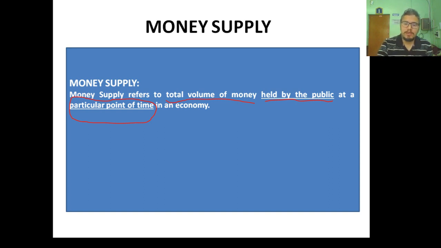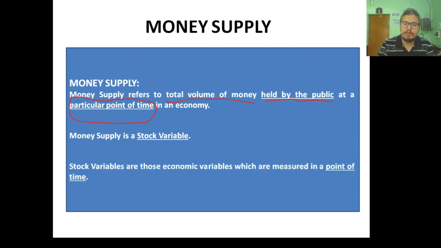Now money supply is a stock variable, and stock variables are those economic variables which are measured at a point of time. As we have already seen in the definition, it is the total volume of money held by the public at a particular point of time. Since it is being measured at a point of time, it is automatically a stock variable.